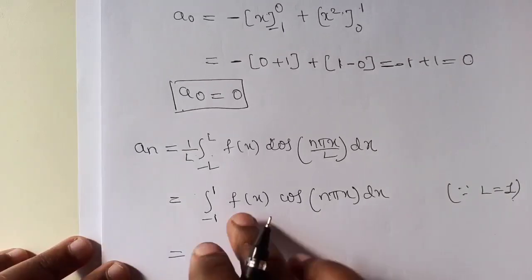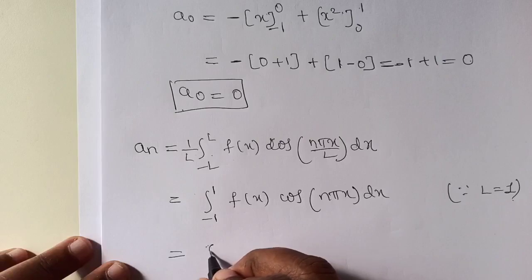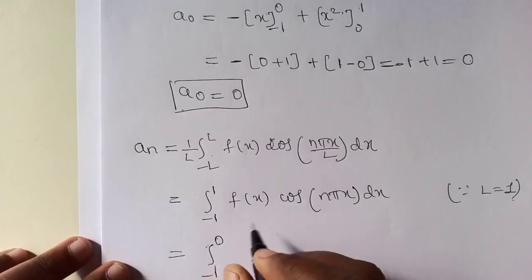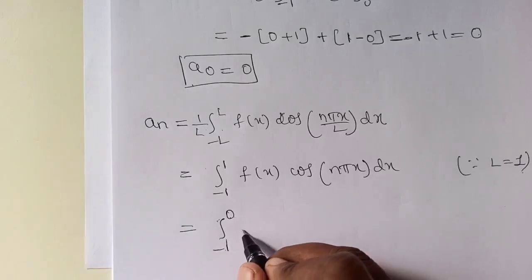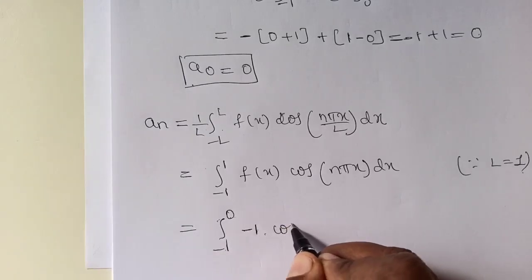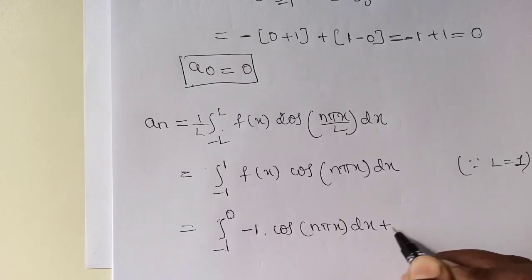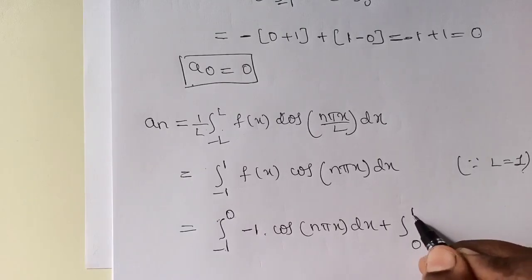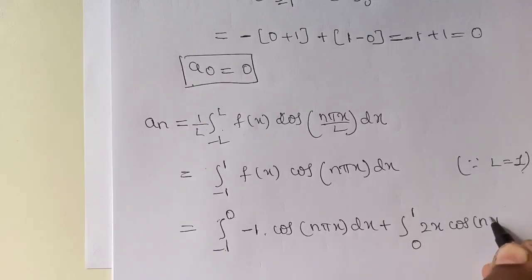Now this function is divided into two intervals. When the limit is -1 to 0, the function value is -1, so the integral of -1 cos(nπx) dx, plus from 0 to 1, the f(x) value is 2, so 2 cos(nπx) dx.